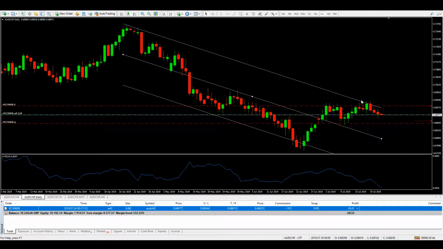Now I could have put it above these highs here, but what I'm seeing in the lower time frame means for me that would be just a bit too conservative. We've got some good downward price action on the lower time frames to warrant having a stop loss not so far away.